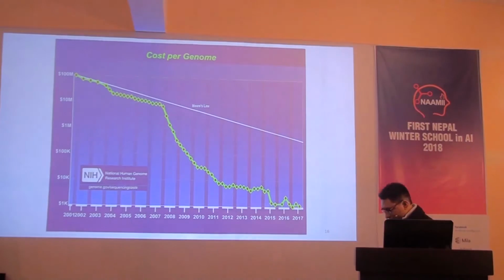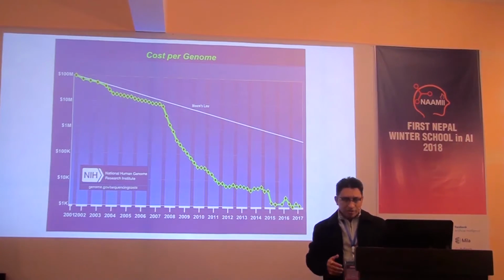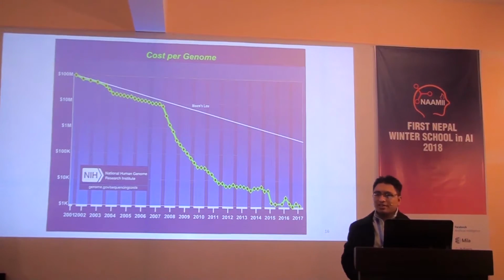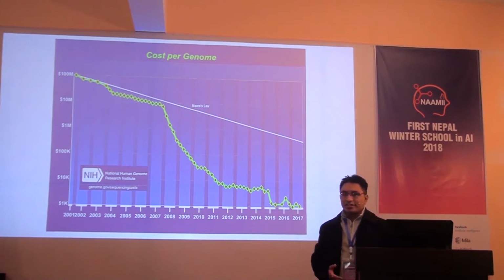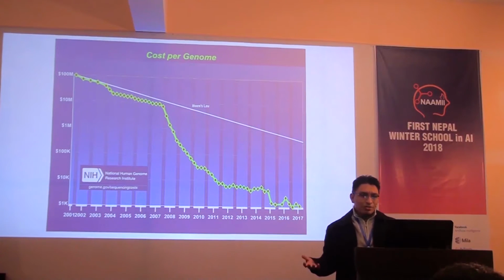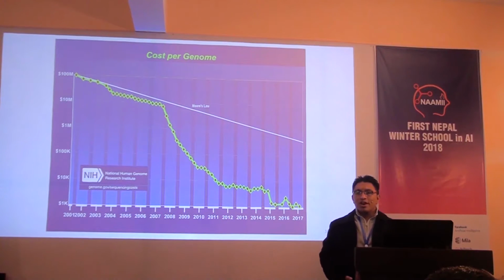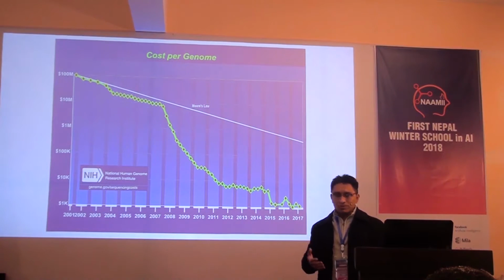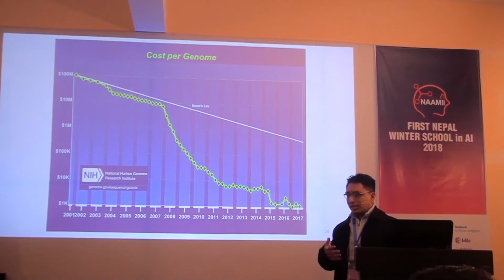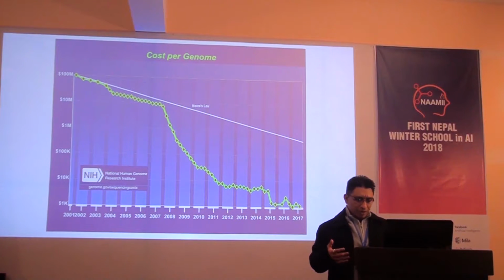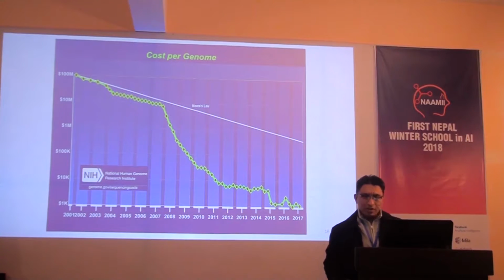So the Human Genome Project took about 15 years, and had a budget of over $3 billion to $5 billion. But after the Human Genome Project, there was lots of progress made in the field of chip manufacturing.